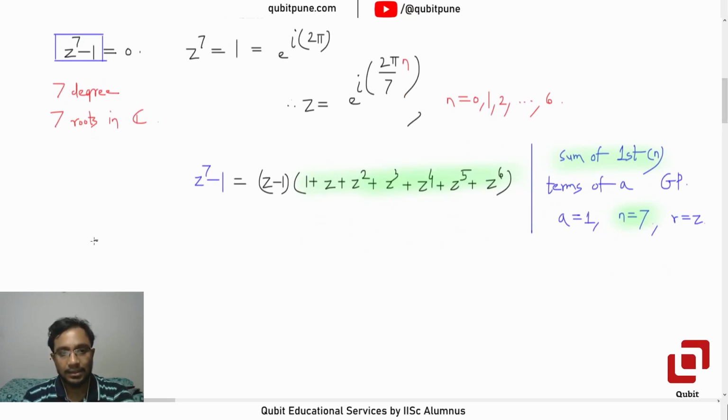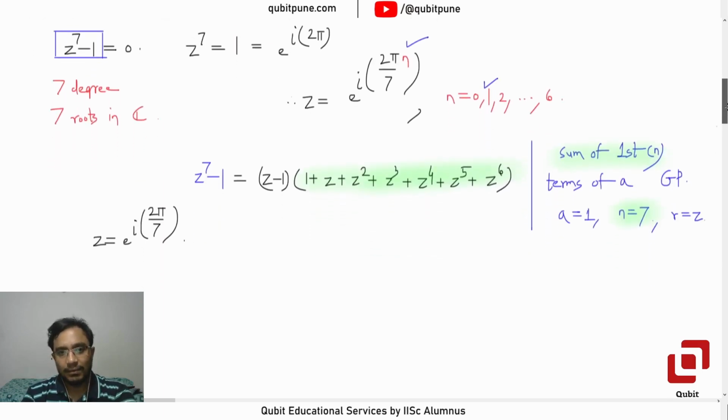Now what I'm going to do is take z as e^(i2π/7). Let us select this particular 7th root of 1. You can also take any other root, but I'm choosing n as 1. Now why are we doing this?